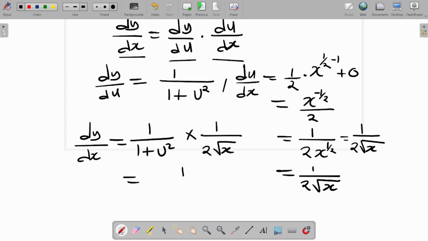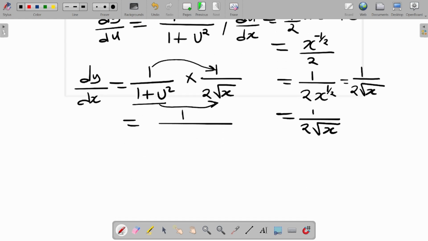This is 1 times 1 on top, and at the bottom you get 2 root x times 1 plus u squared.